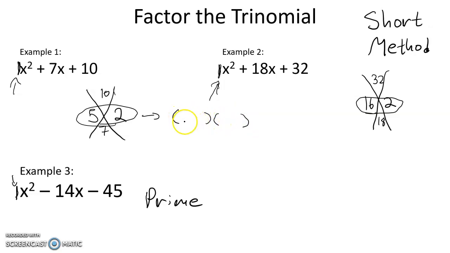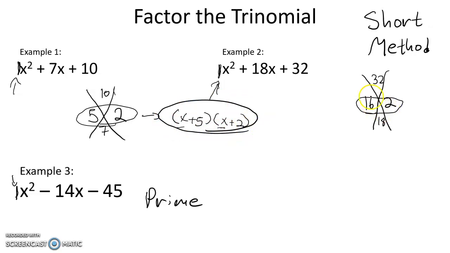Now in the first position in both parentheses, you're going to write your variable. Our variable in this expression is x. Most of the time it's going to be x. 5. Is this a positive 5? It definitely is. If it's positive 5, it's going to be x plus 5. Positive 2, x plus 2. And that's it. I know, simple, right?